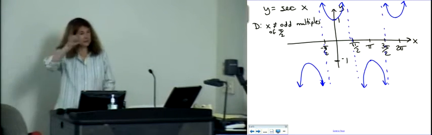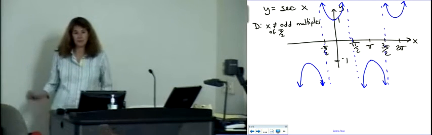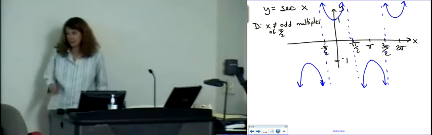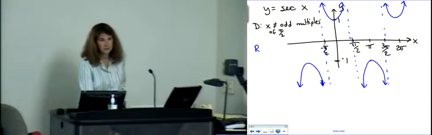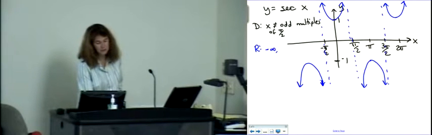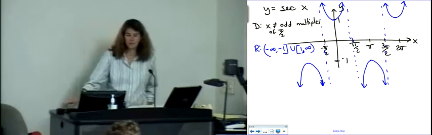These shapes are based off the curves of the original cosine graph, if you think about where the cosine graph would be there. Any questions there? Range is still going to be the same as it was for the cosecant. Okay.